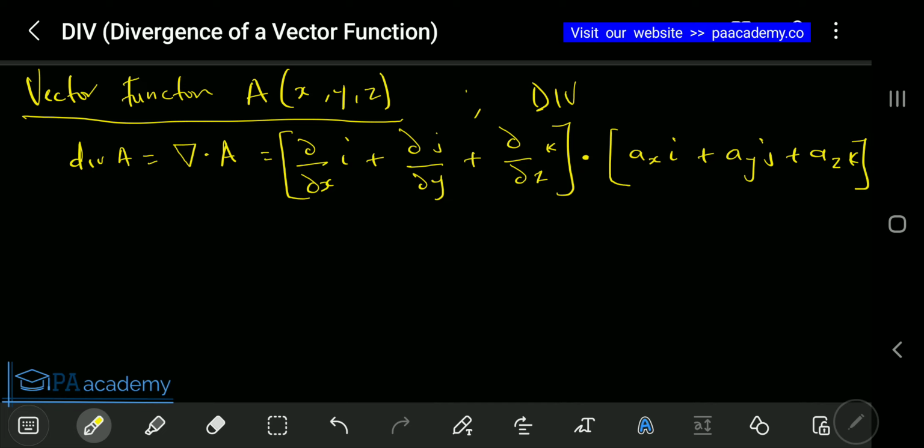So that is the formula to calculate the divergence.